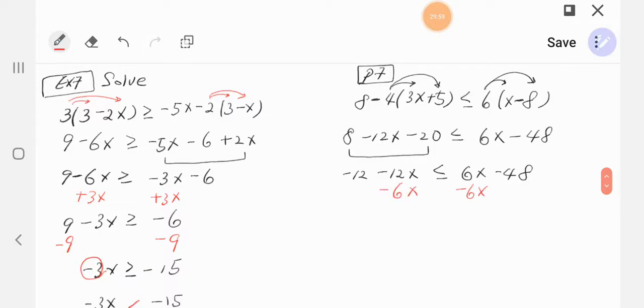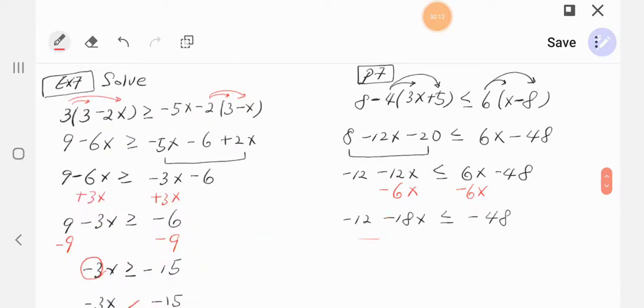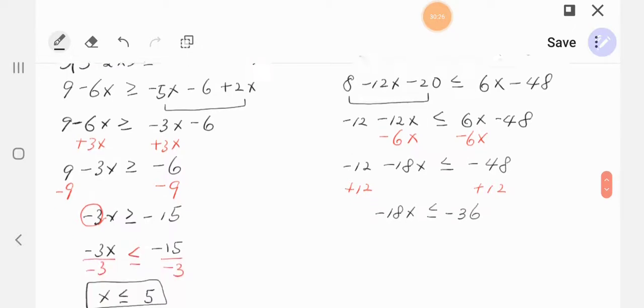So minus 6x each side. Then negative 12 minus 18x is less than or equal to minus 48. Okay, now next, get rid of minus 12 from the left, so plus 12 each side. Then negative 18x is less than or equal to negative 36, right?